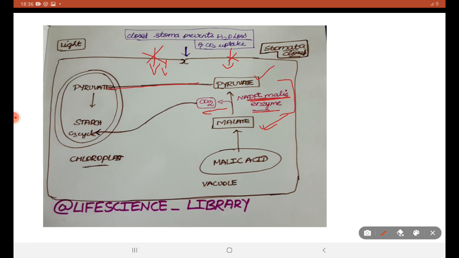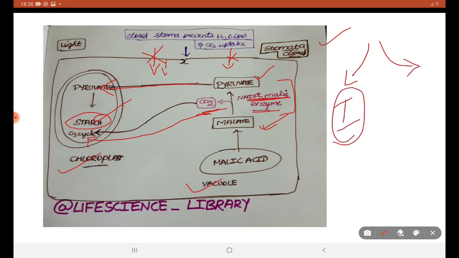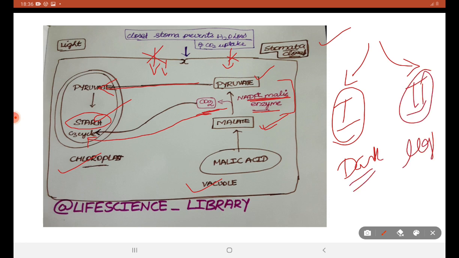Pyruvate enters the chloroplast to form starch, and the carbon dioxide enters the Calvin cycle. Hope this process is clear: why, where and how this process occurs, and what the two cases are. Case 1, during dark time stomata is open, and during light time stomata is closed.